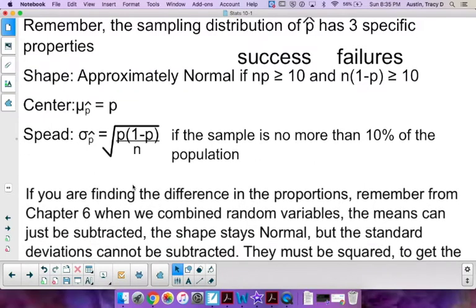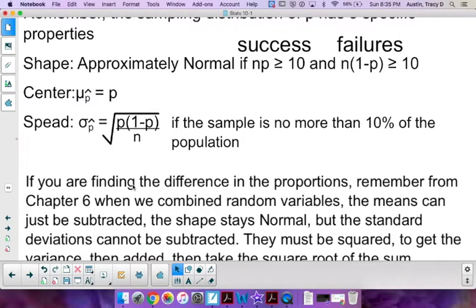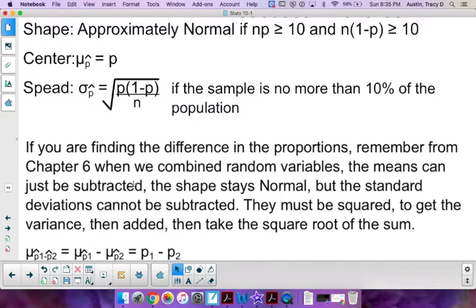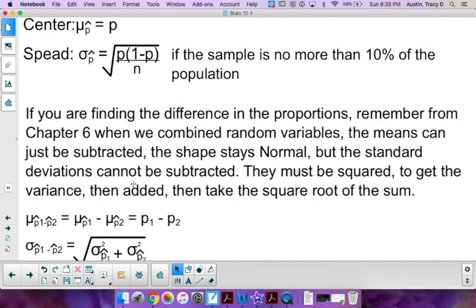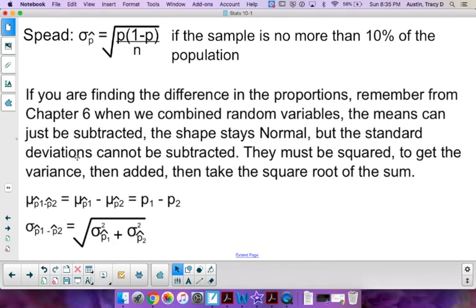The standard deviation, though, and again, I can hear the groaning, when we combined random variables, you can't just add and subtract standard deviations because they're in square roots. You can't just add and subtract square roots and get the same thing. So we had to square the standard deviation to get it back to the variance, then add them together and then take the square root.